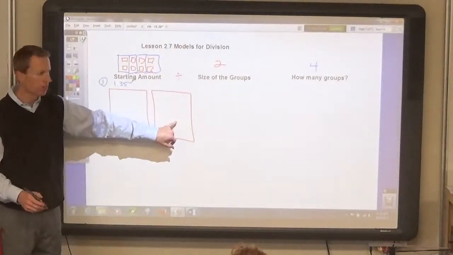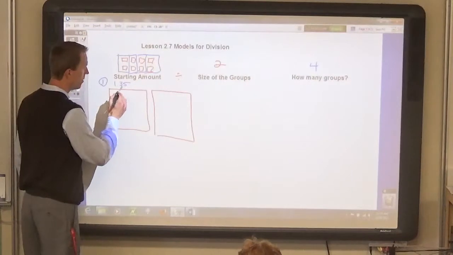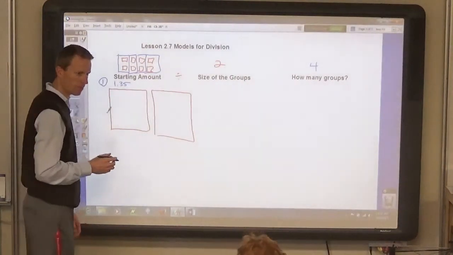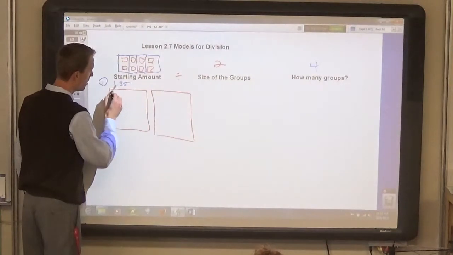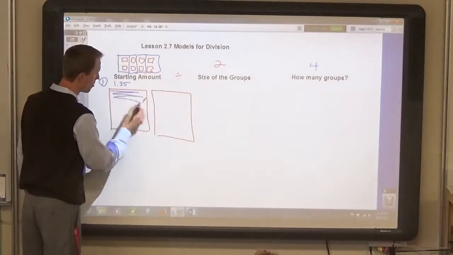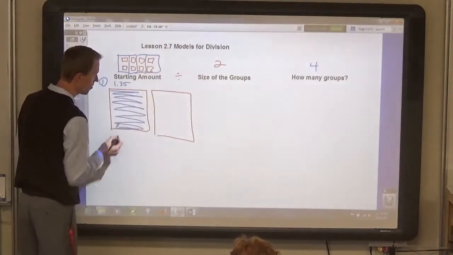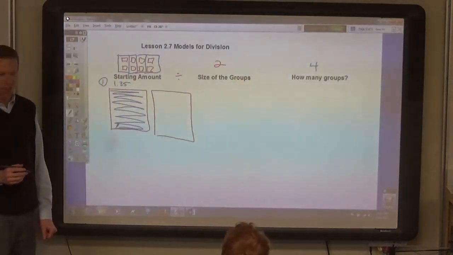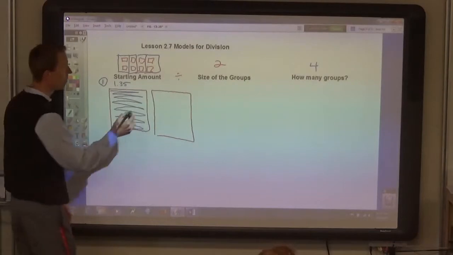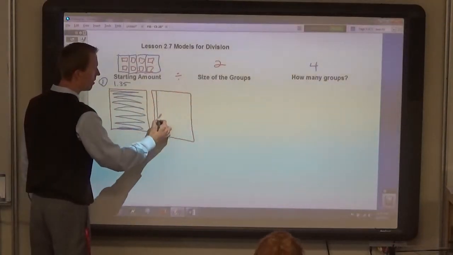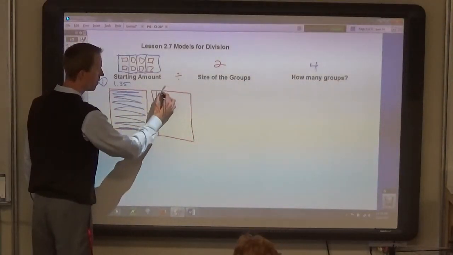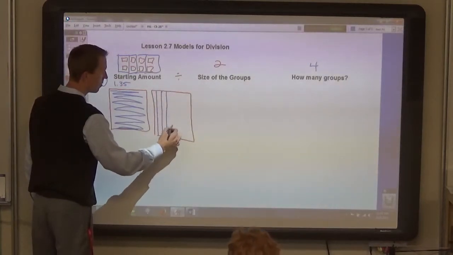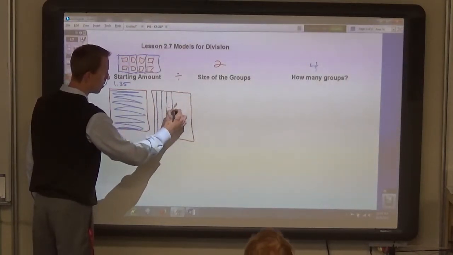So first, you should color one of these blocks to show that this is 1. So all of this one, all of this one, and 35 of this one.